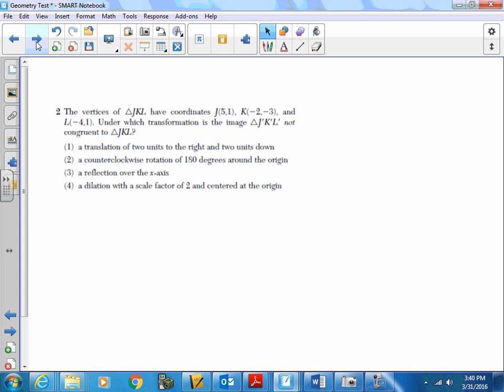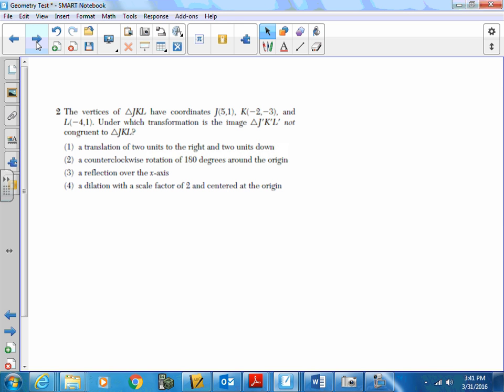All right, let's look at number 2. It says the vertices of triangle JKL have coordinates J is (5, 1), K is (-2, -3), L is (-4, 1). Under which transformation is the image triangle J'K'L' not congruent to the original triangle, the pre-image of triangle JKL?